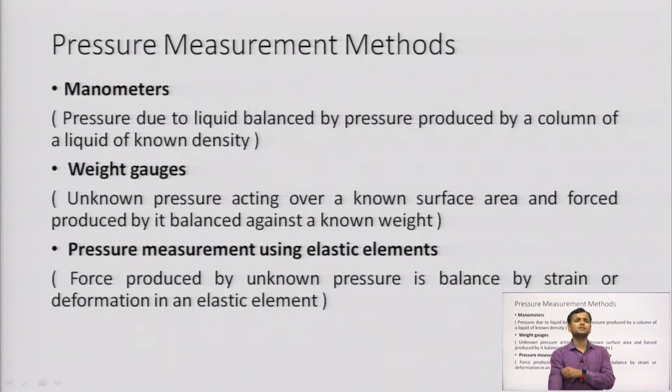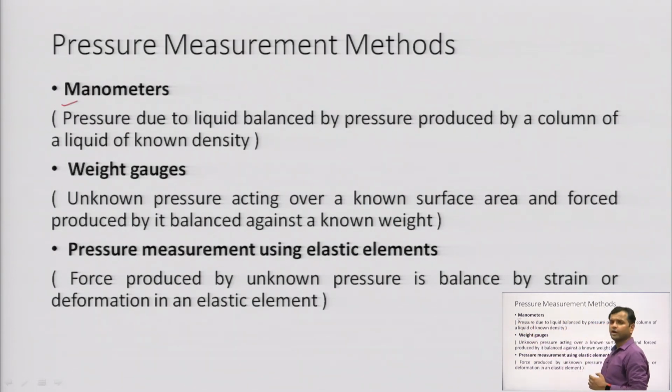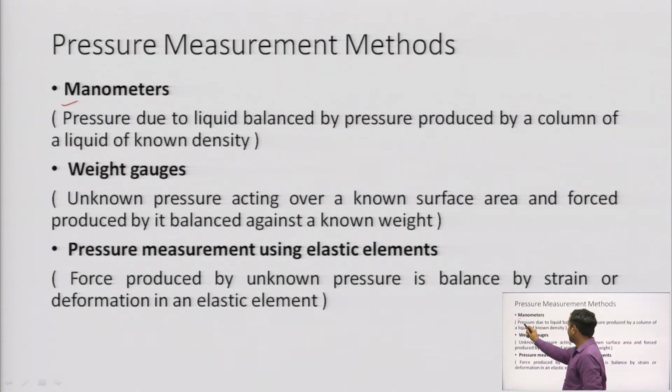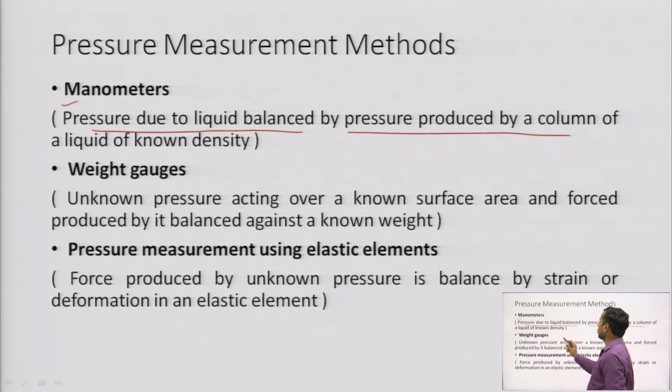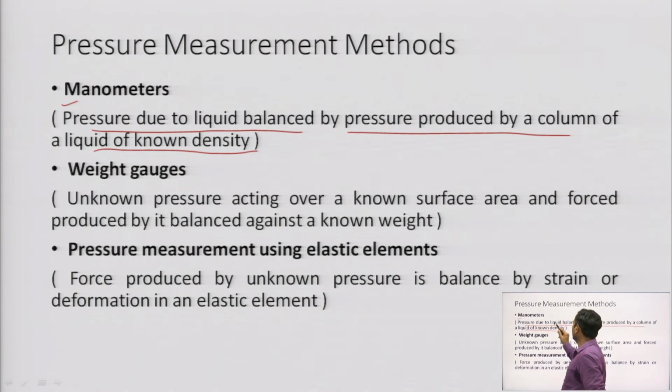Now, there are various pressure measurement methods that are available. In that, first is the manometer. What actually is the work of a manometer? The pressure due to liquid is balanced by the pressure produced by a column of a liquid of known density. That means some type of U tube or inclined tube type arrangement can be used that will balance the pressure due to liquid.